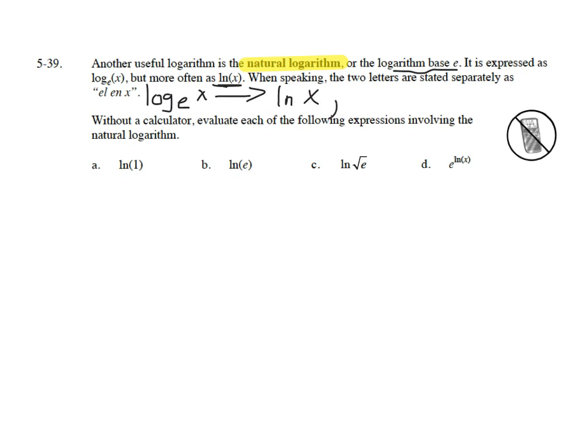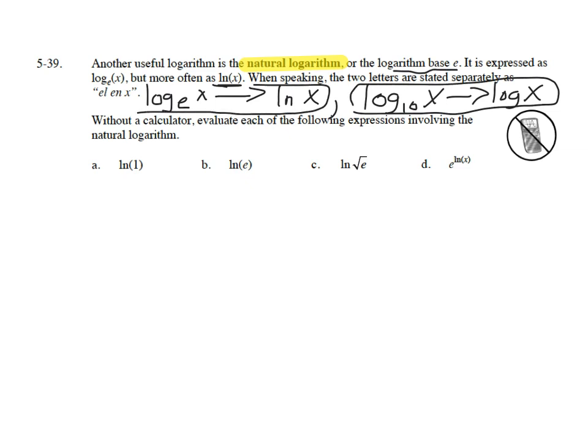This is just like when we write the log base 10 of x really is the same as the log of x. Over here, we just don't write the base 10. Over here, we rewrite it as the ln of x.